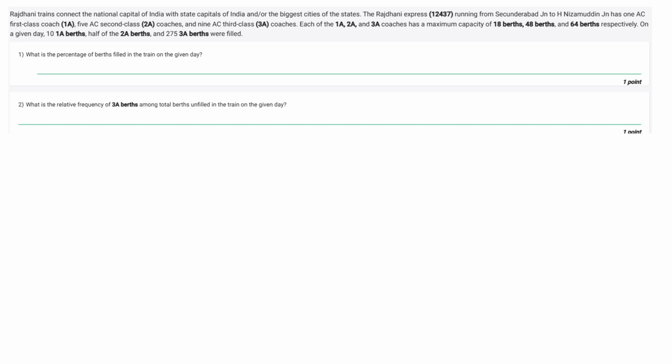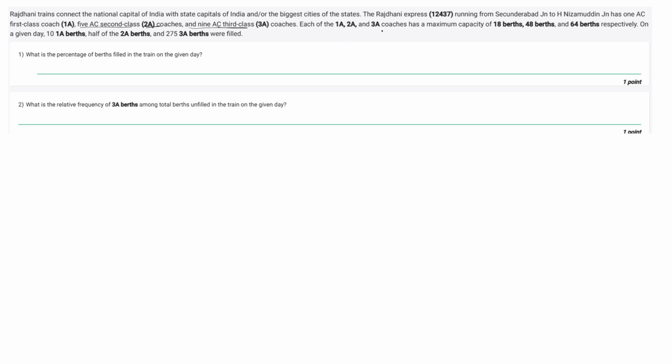So the question says that Rajdhani trains connect the national capital of India with state capitals of India and or the biggest cities of the state. Rajdhani Express 12437 running from Sikandarabad Junction to Hazrat Nizamuddin Junction has one AC first class coach 1A, 5 AC second class coaches 2A, and 9 third class coaches, that is 3A.